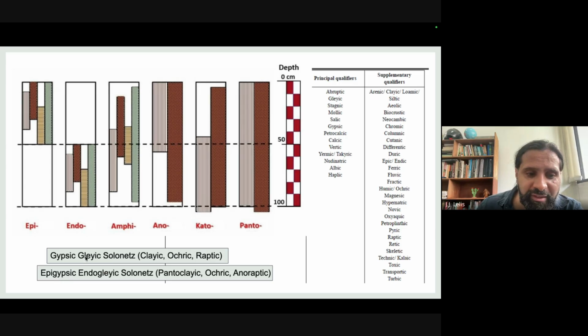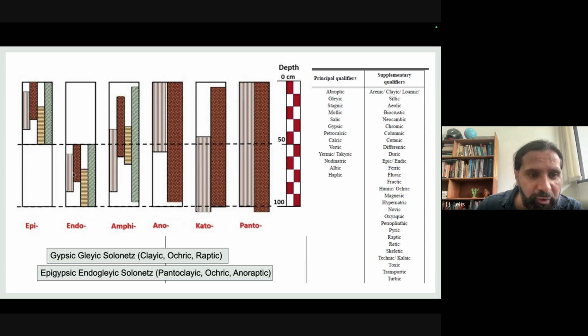And then we have the gleyic. Now let's say that, for example, the gleyic properties start at 50 and end before 100, or they start at 50 and end at 100, or they start after 50 and end before 100, or start after 50 and end at 100.